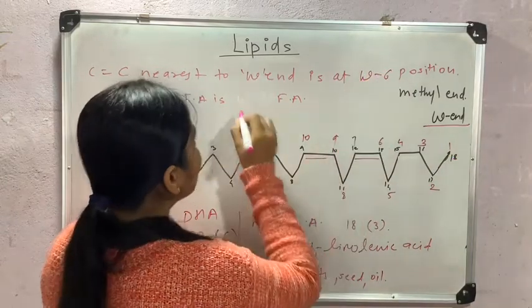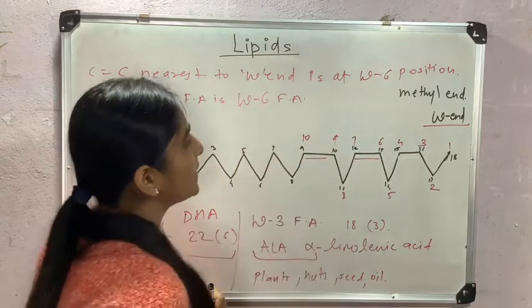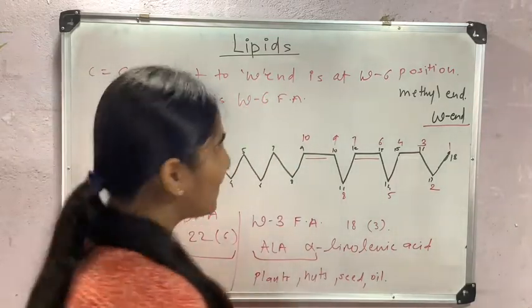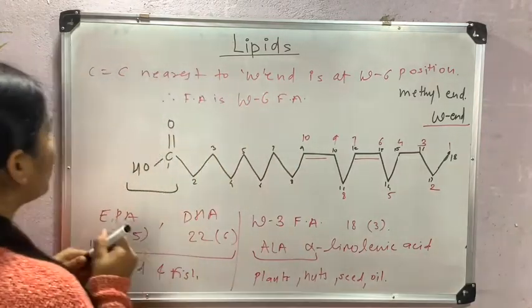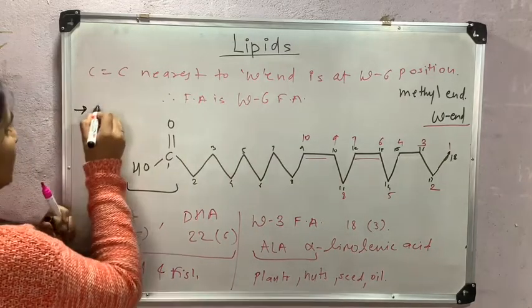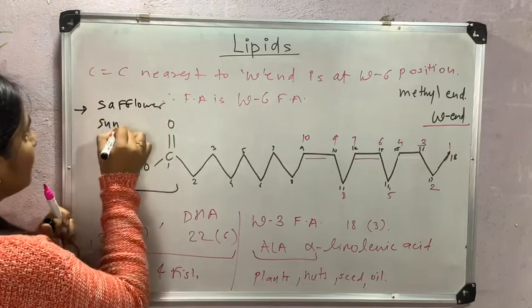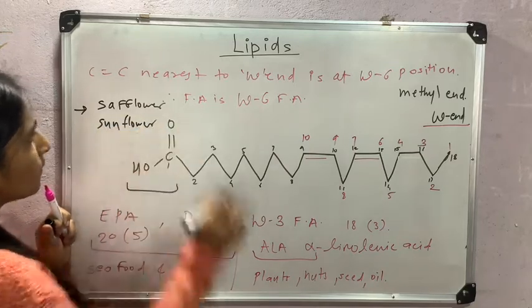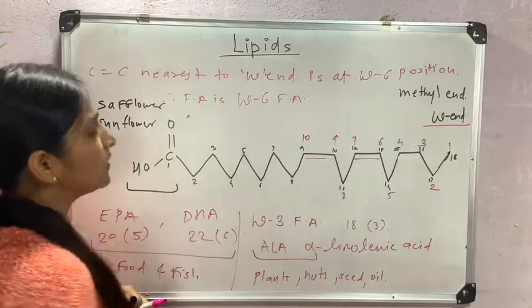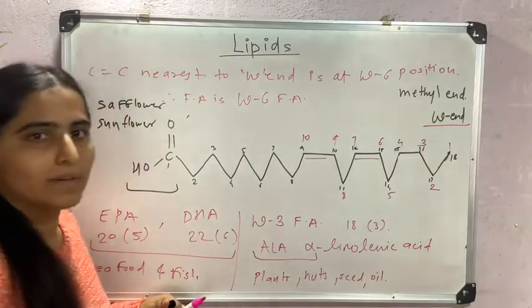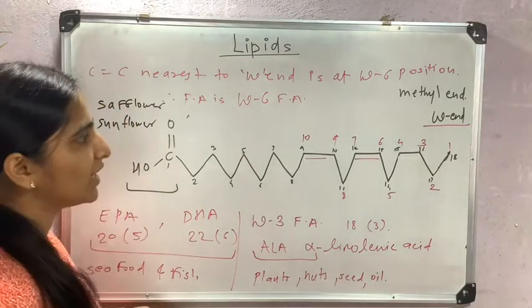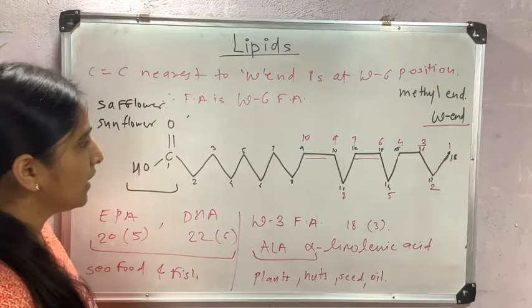Therefore, this fatty acid is omega-6 fatty acid. And this omega-6 fatty acid is mostly found in safflower, sunflower and many other cereals and oil seeds, which contain omega-6 fatty acids.